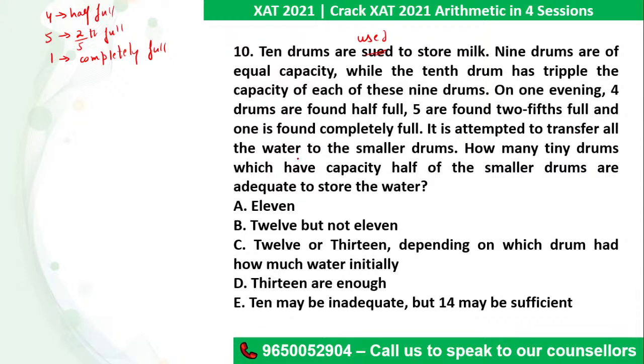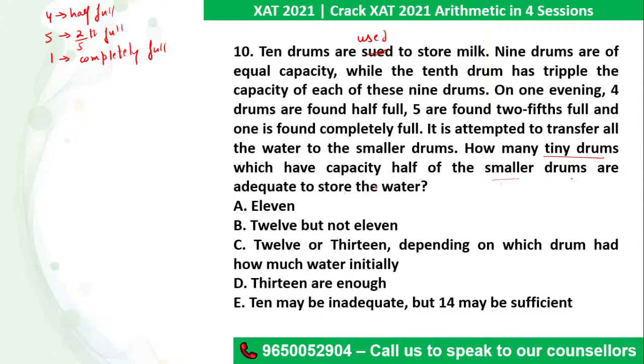Now we have to transfer all the water to the smaller drums. How many tiny drums? That means there are 3 types: the 9 drums of equal capacity, the 10th one which has triple the capacity of these, and then tiny drums which have half the capacity of the smaller drums.